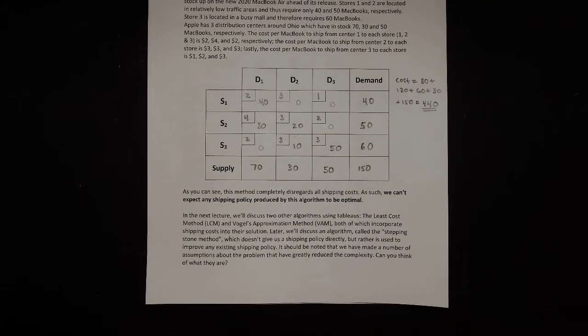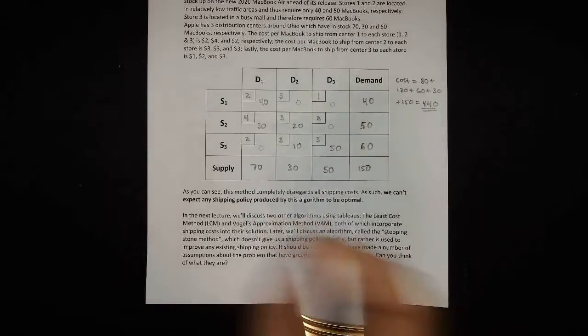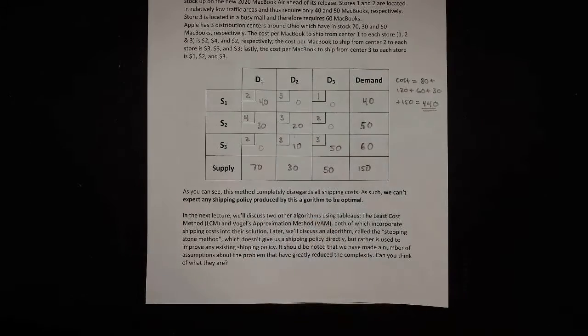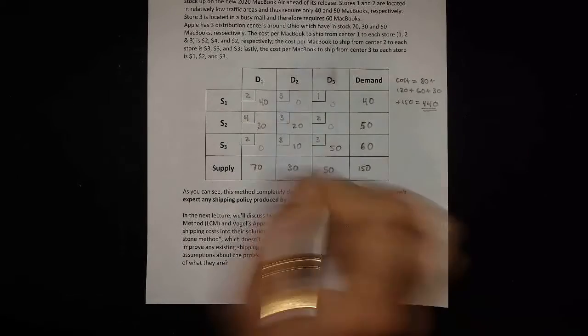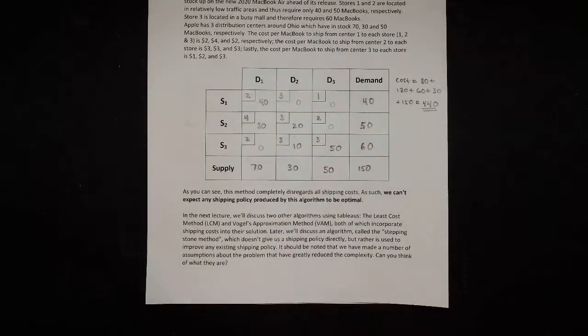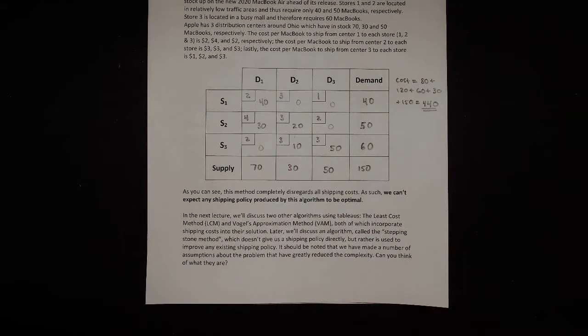I just also want to note that we made a number of assumptions about the problem that have greatly reduced the complexity. Namely, we're looking at only one product being distributed from these distribution centers to these stores. We're also considering that every distribution center can ship to each store, which may not be true as well.